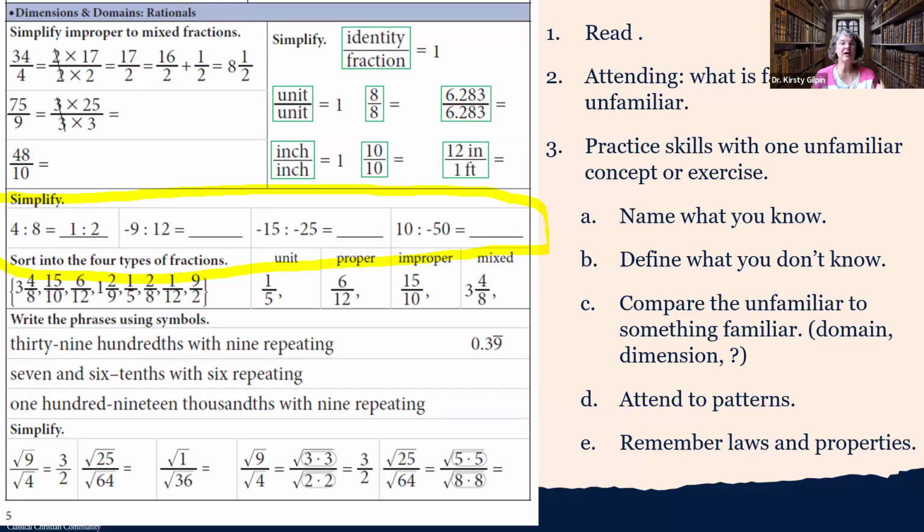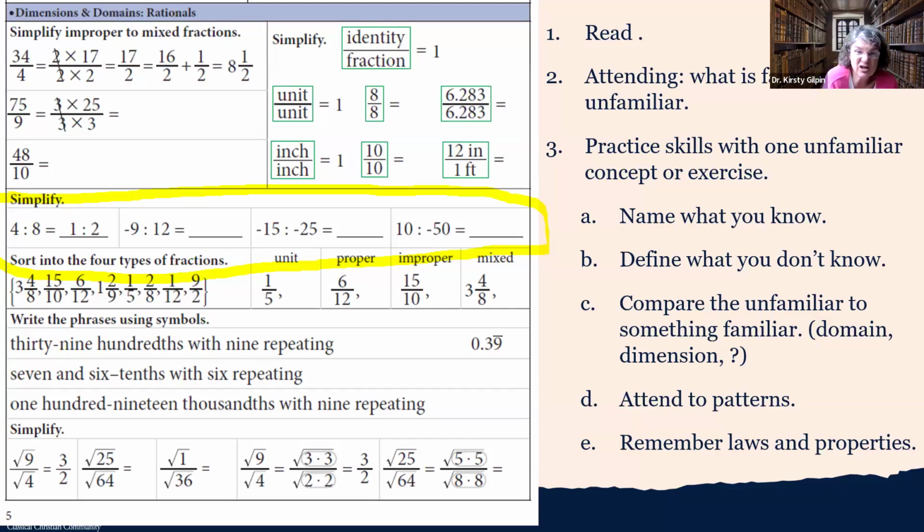If that's something that has become familiar to us, we can go, oh, this is similar. We could look at another domain. In this case, I might look back at fractions and go, what did this look like in fractions? Did we have this exercise? Where else have we seen this?